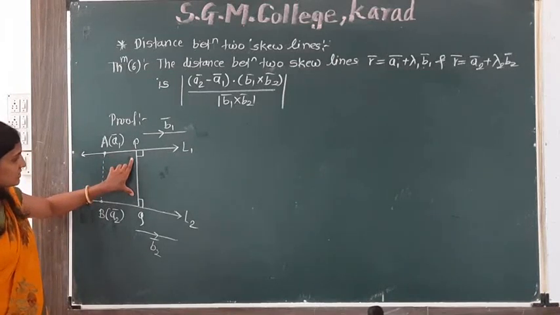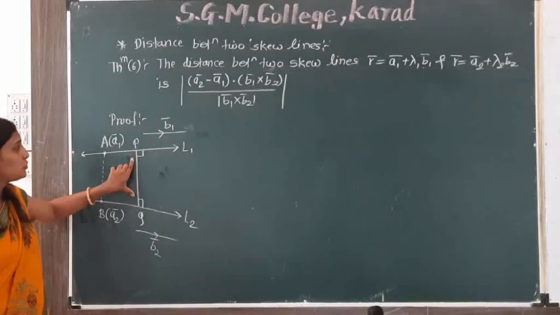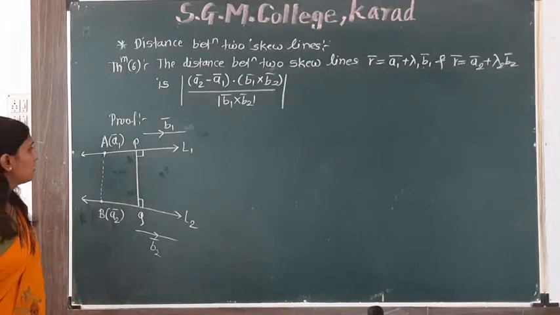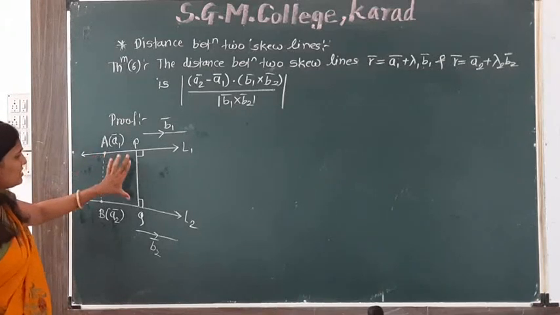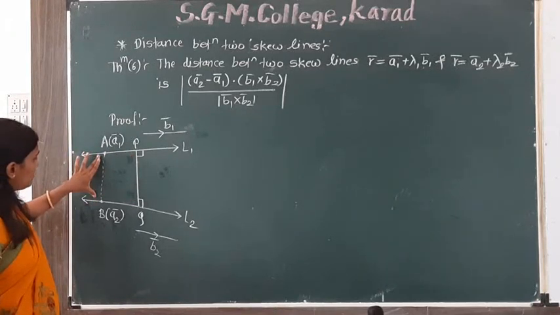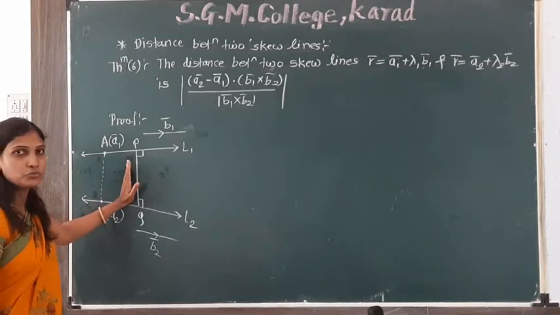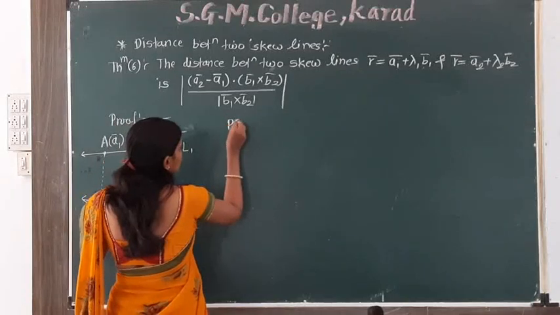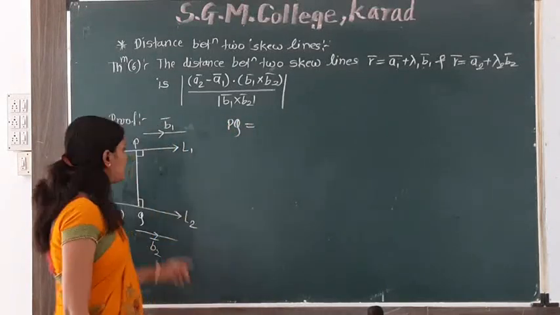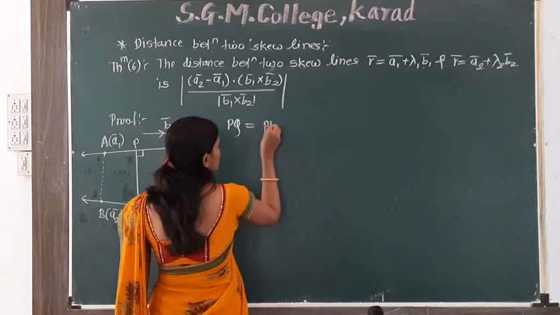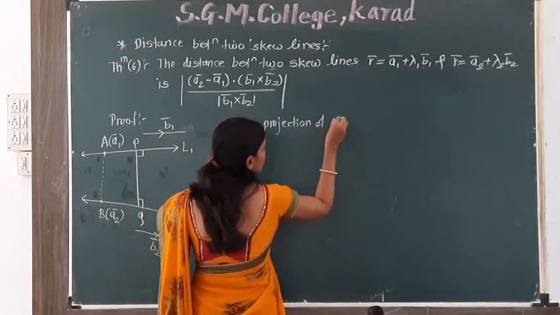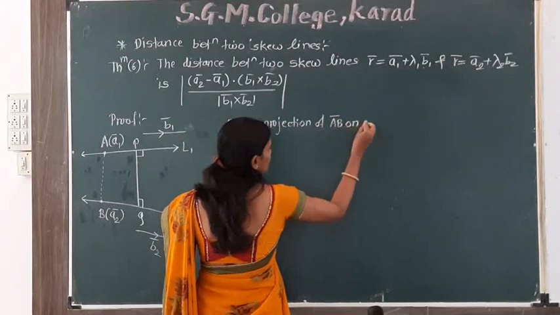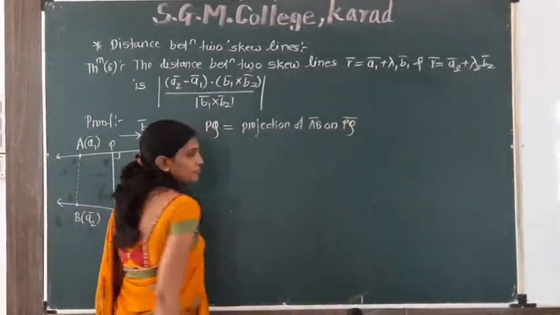We have to find the distance, that is the value of PQ. What is the value of PQ? The projection of AB bar on PQ bar is the value of PQ.